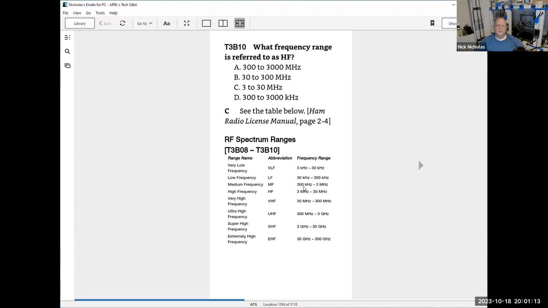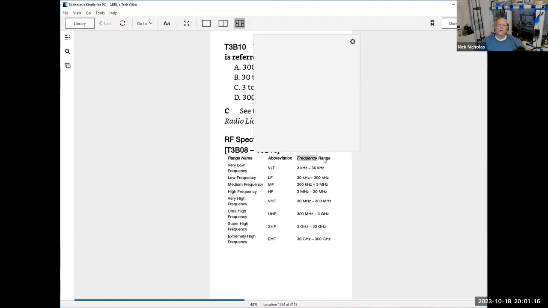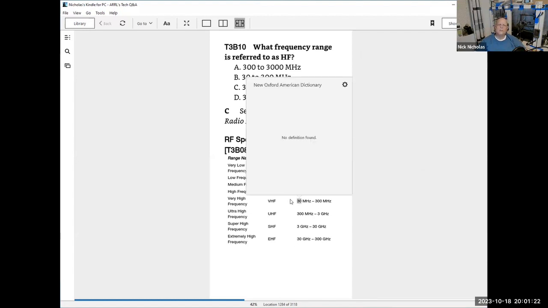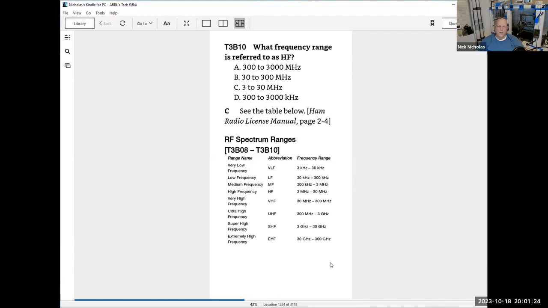And in your book is this chart. Let's see if I can get it to enlarge. Maybe not. But this chart is in your book, and it is the same as the other one. It's just written differently, from the very low frequencies to extremely high frequency.